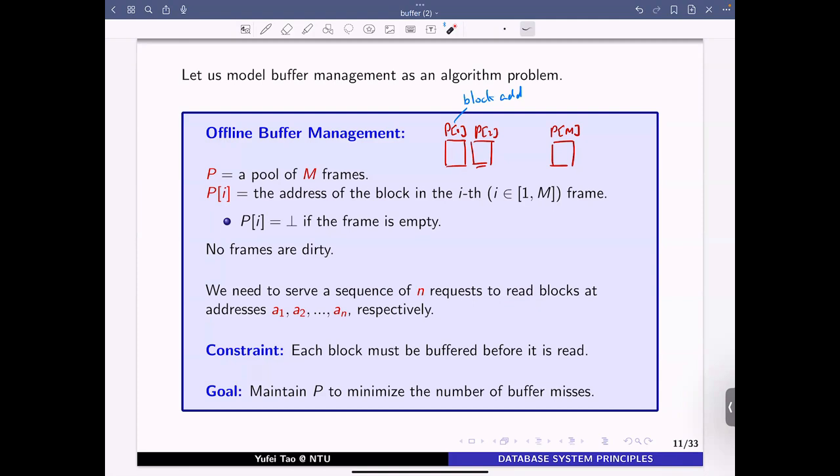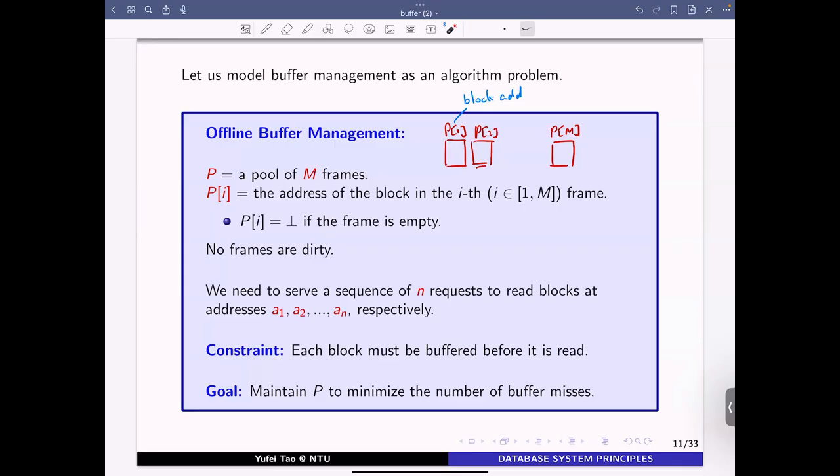There's one constraint though. Before a block can be read, the block will have to be loaded into a frame. This is fair, because you cannot say I bypass the buffer and then serve the request. That doesn't make any sense.